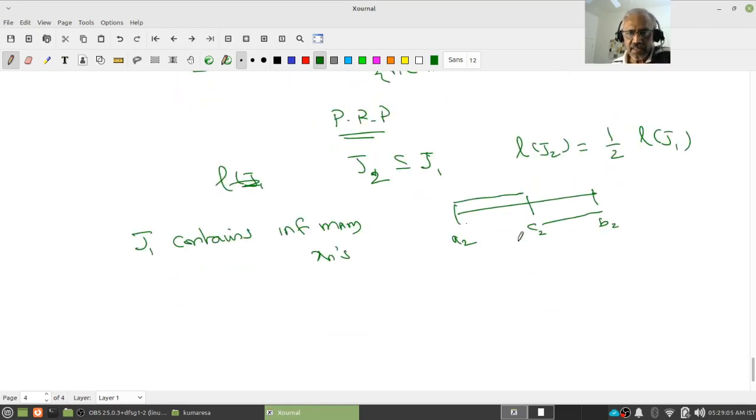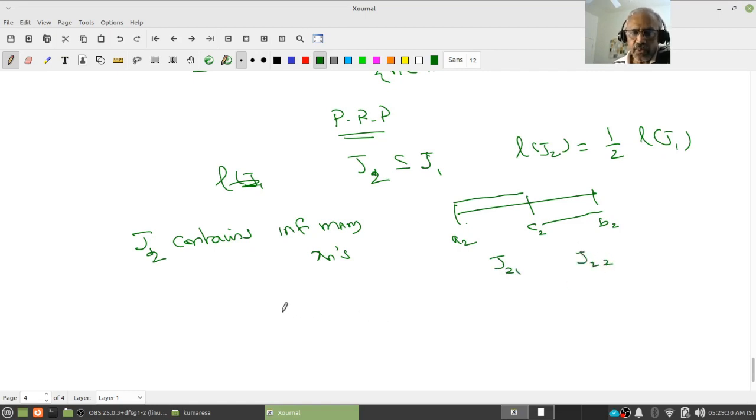If both of them have only finitely many xn's, then their union will also have only finitely many xn's, but that is not the case. Are you following? Again, if you want, call the halves of j2 as j21 and j22.